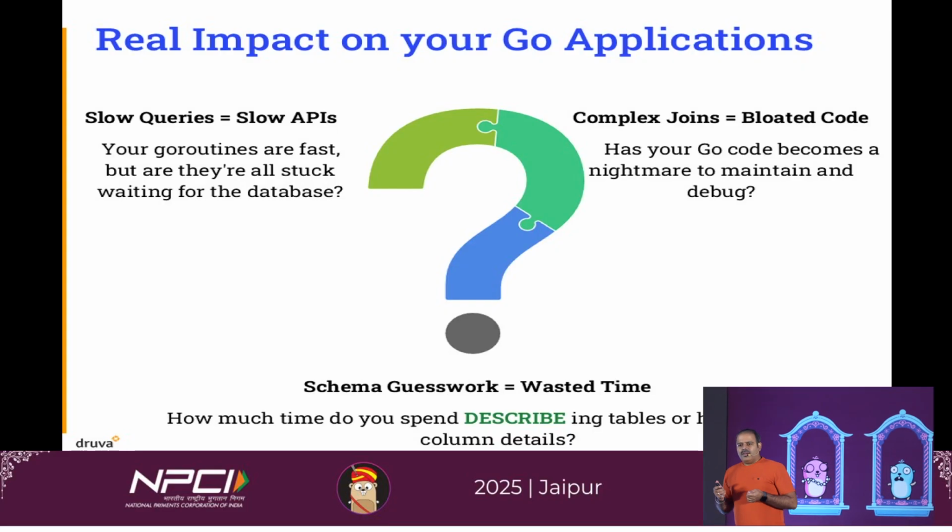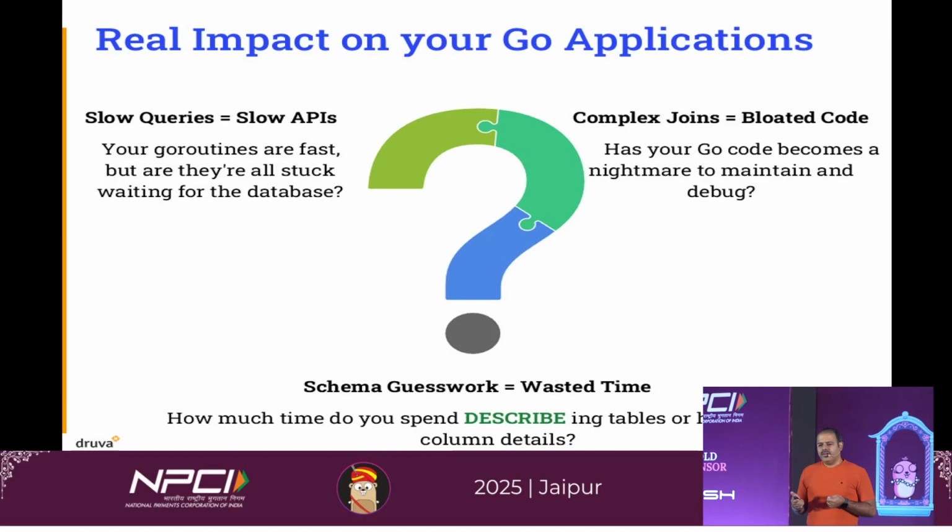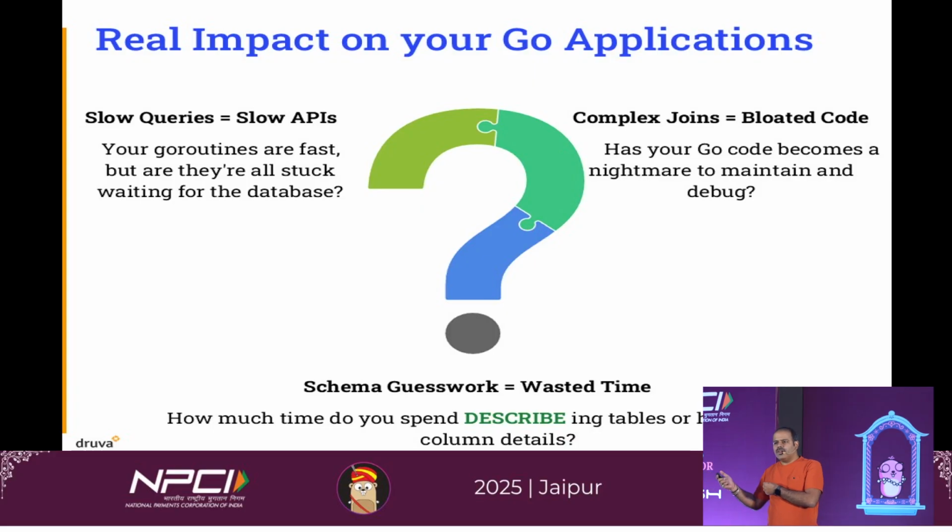Most of the time, when you are using Go, the goroutines are fast, but they are waiting for some response from the database, so ultimately you are stuck on your database. And if you have over-normalized your database and have a lot of bloated code, it is very difficult to manage, maintain, and debug these complex table structures in your code.